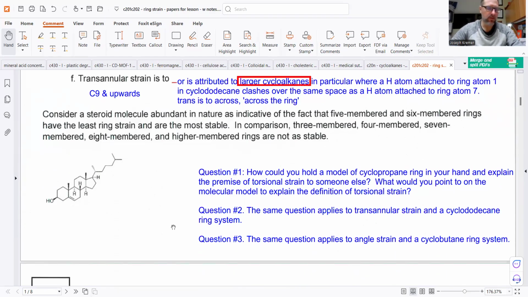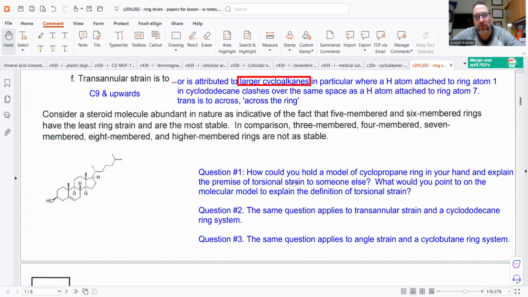So the question could be: if you were given a plastic molecule of cyclopropane, and you were tutoring someone, making some money, by the way, about ring strain, how would you explain to your audience that this cyclopropane has torsional strain? What would you point to?